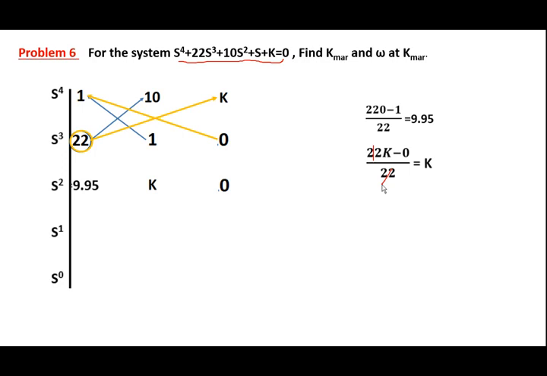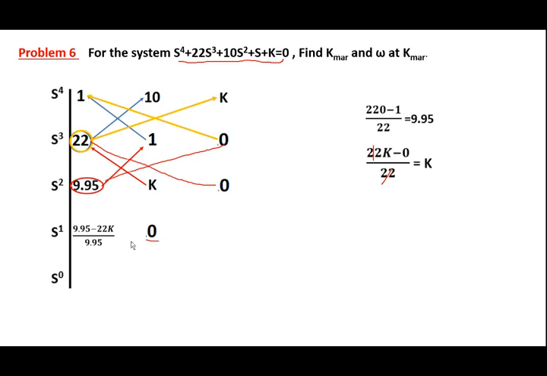Next you need to find out the s bar 1 elements. So 9.95 into 1 is 9.95 minus 22 into k, 22k, divided by 9.95. So that is 9.95 minus 22k divided by 9.95. After that, 9.95 into 0 minus 0 into 22 gives 0 itself. 0 divided by 9.95 is equal to 0 only, so I can write 0 in the second column.